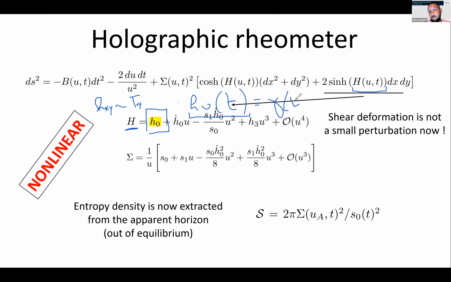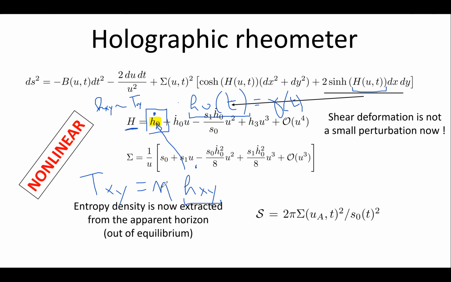This is basically the definition, because this is the source associated to Txy. So at leading order, in linear response, you will have Txy equal to eta times hxy dot. This is the standard story. Now, hxy dot is actually this guy here, dot.